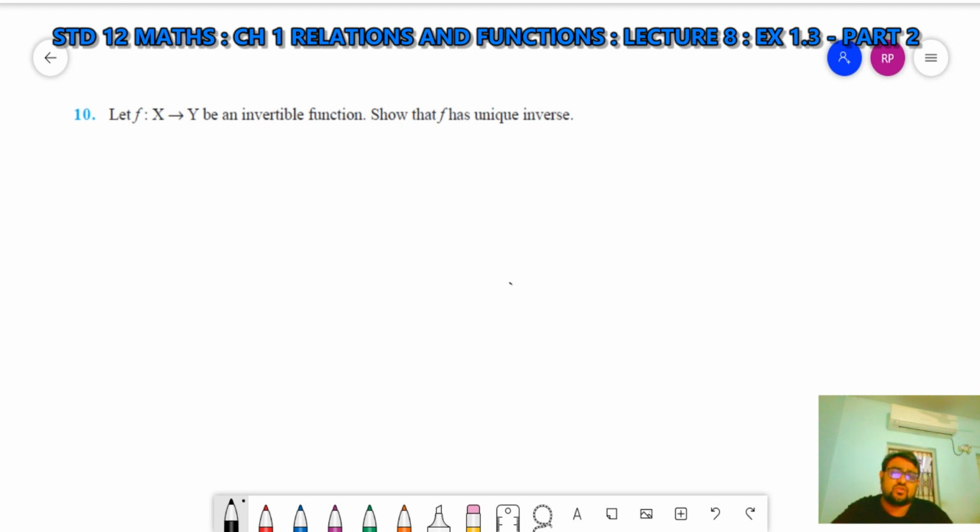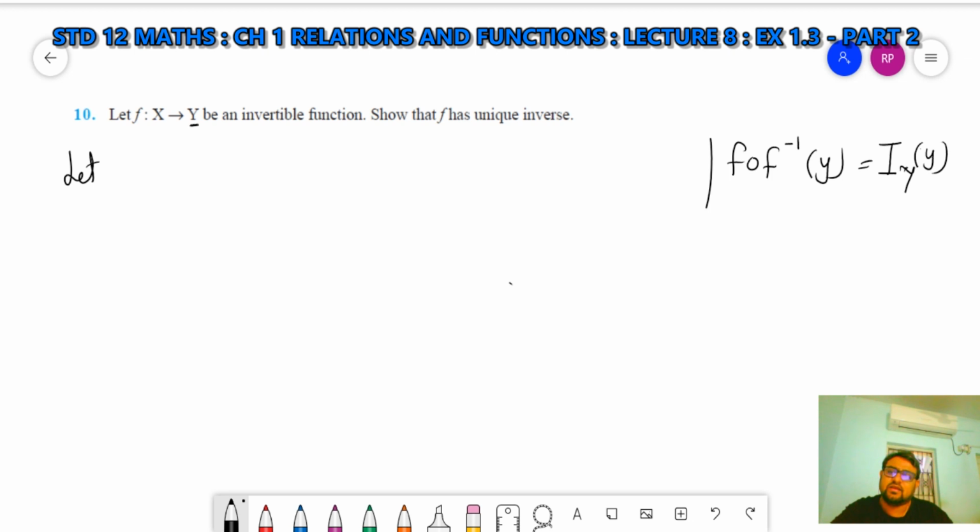Now see, we know that if I take a composite of the function and its inverse, it will be the identity function. Like if I take f o f inverse, this will be equal to the identity function over the codomain of y. Clear? Here the codomain is y, so I can write down I_y. If the codomain was R, I would write down I_R. Clear? So now let's see.